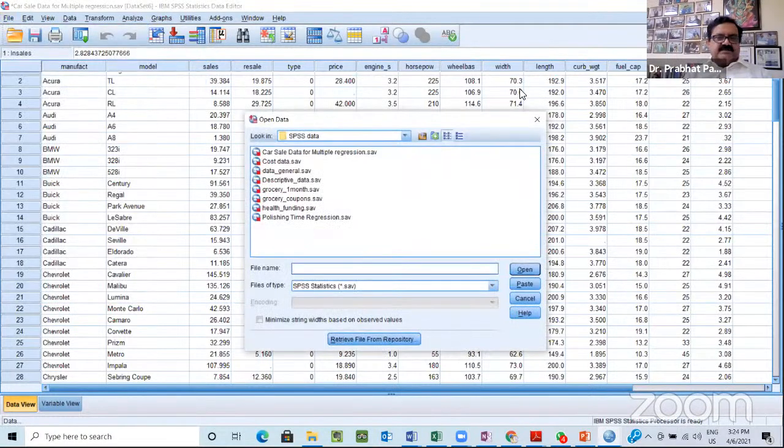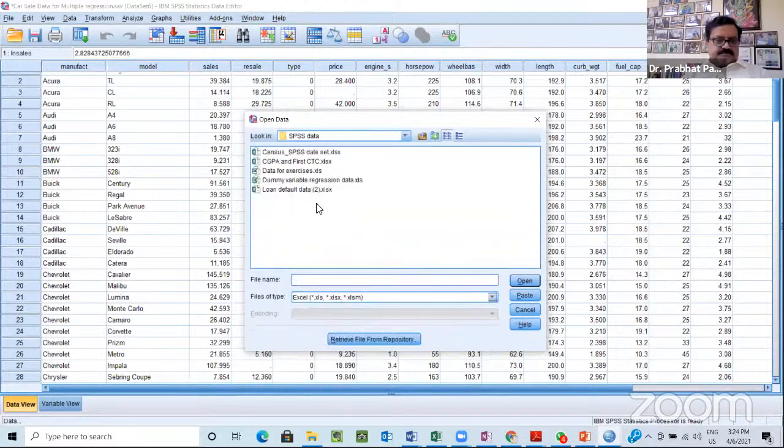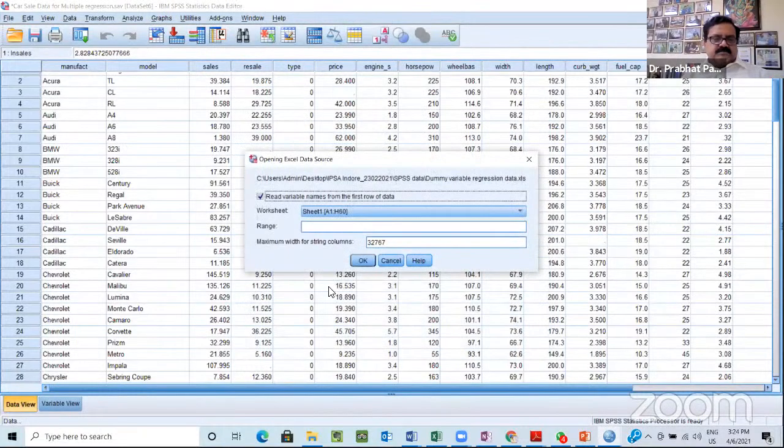So I'm fetching the data from Excel sheet. And I know the data, so I have noted down the range which I have to import.